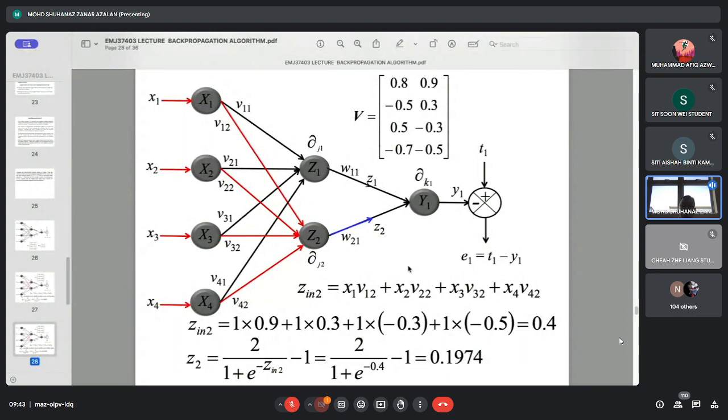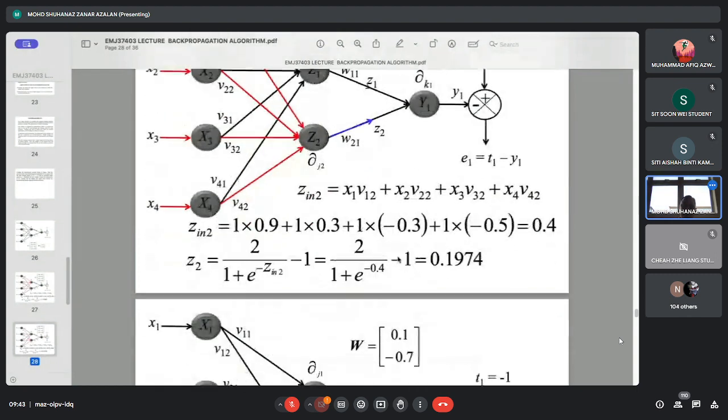Okay, this is only until here, not yet until the output. Now it's only until the hidden layer.